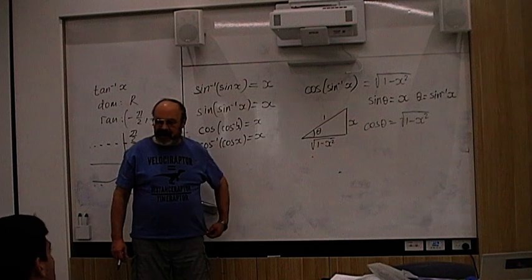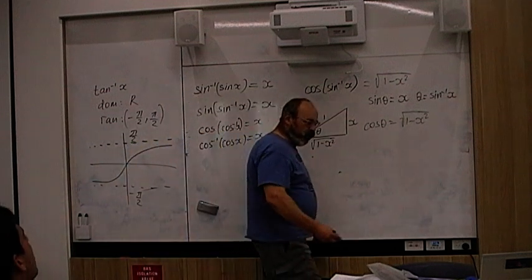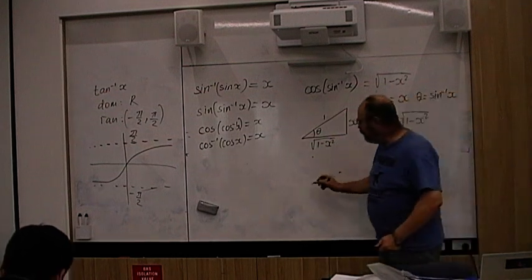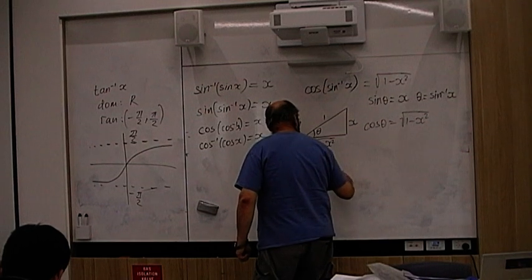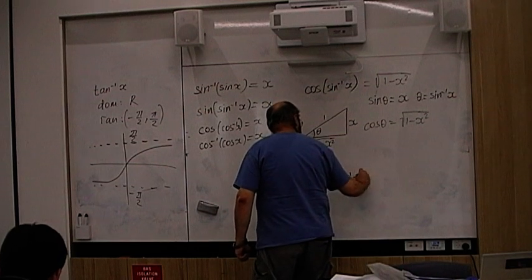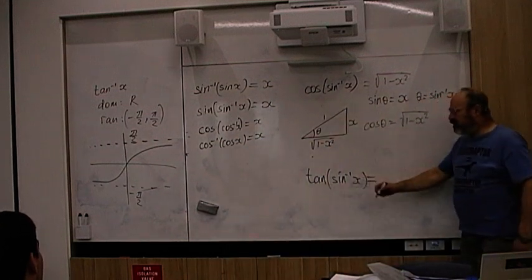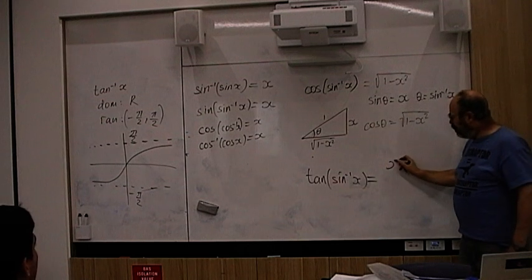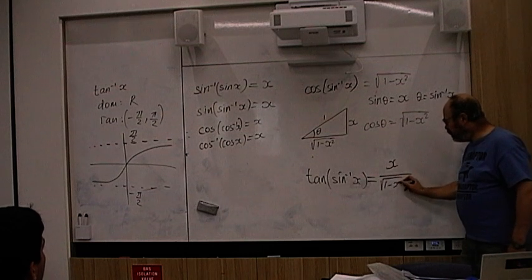Using the same triangle, what will tan of sine inverse of x be? It will be x over the square root of 1 minus x squared.